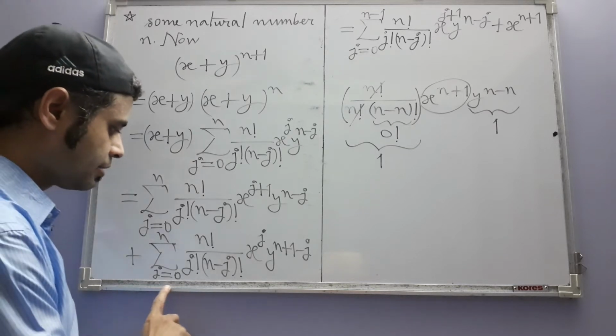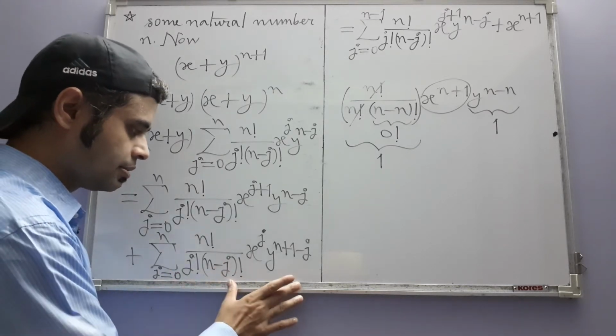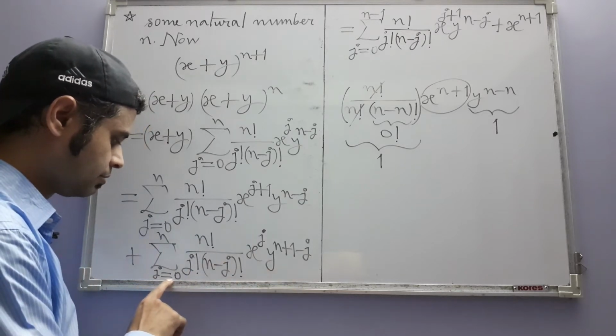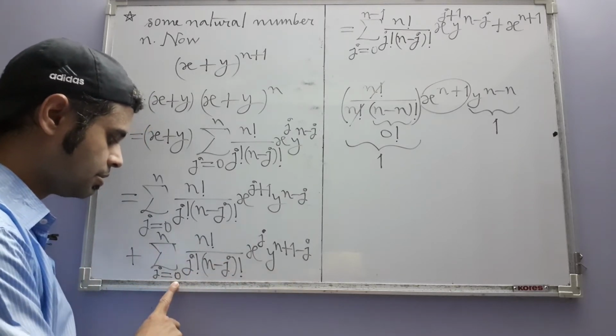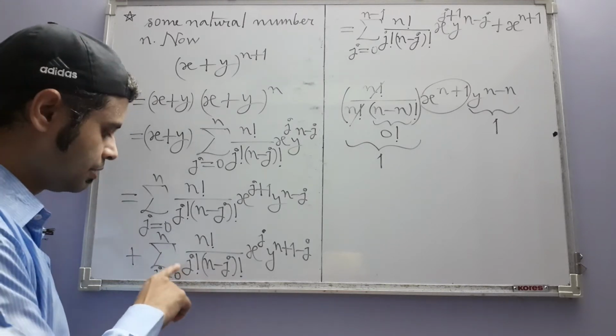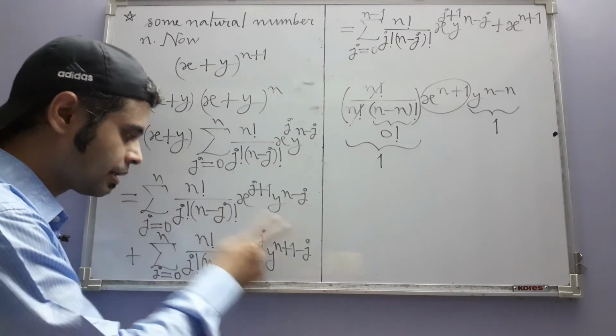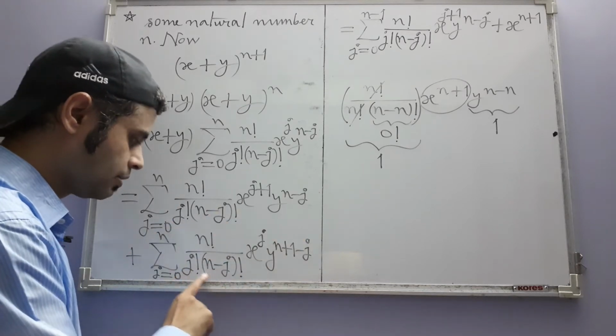Now in the second series what we do, we will write the series, but we will not start with 0. That means here we will change the lower limit. We will write 1 in place of 0. That means we are losing the term which corresponds to j equal to 0.